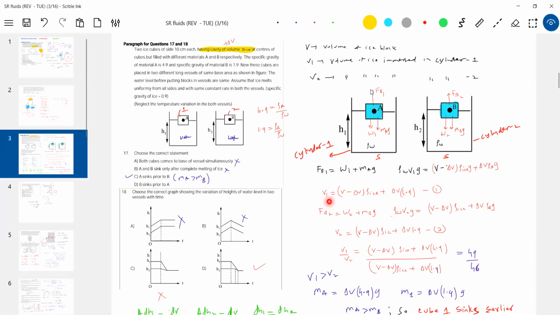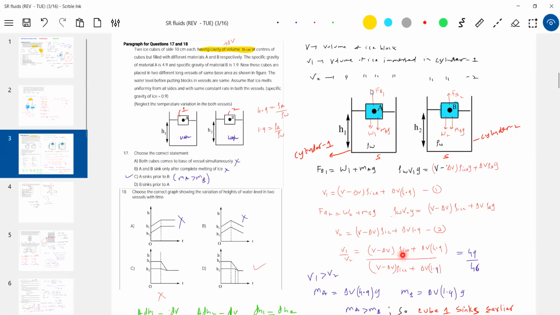Okay, let's write this expression. What is the volume of ice? I think I'll go for V minus cavity, delta V, into density of ice, plus volume of cavity into density of material A. Same thing I'll be writing. Let me divide equation 192. Then here, density of ice, specific gravity of ice he has given.